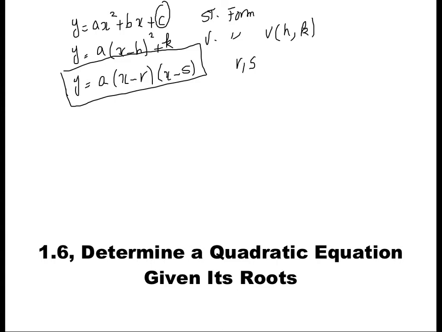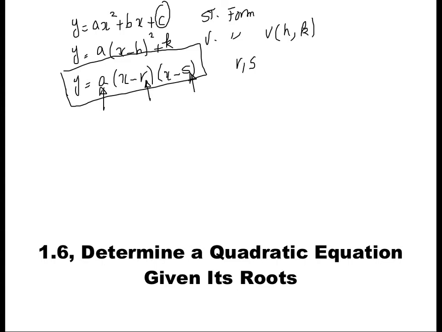If the x-intercepts or zeros are given, this means that r and s of the quadratic are known. Since the factored form has three variables, a, r and s, and r and s are given, then we have to find a. Now to find a, we have to have another point on the parabola to solve for the unknown a.